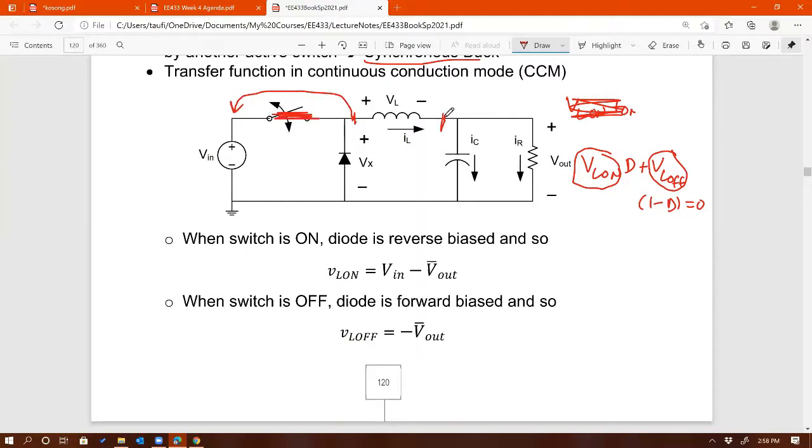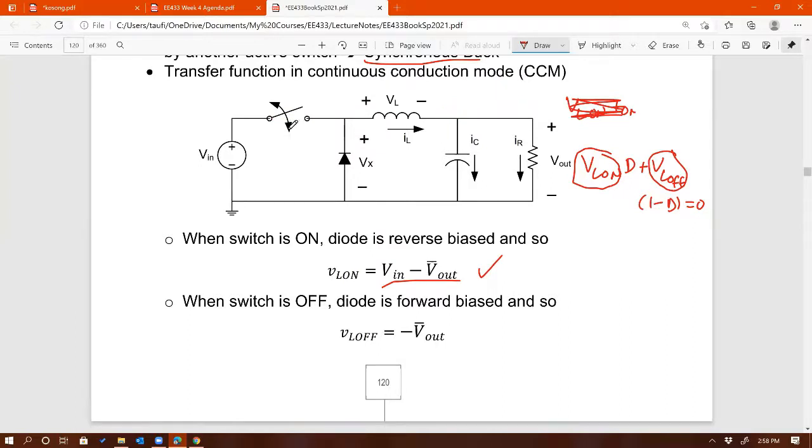What is the voltage to the right of the inductor? That's going to be equal to V out right there, right? So I know that when the switch is on, the voltage across the inductor must be V in minus V out. Anybody disagrees with that? Right? Okay.